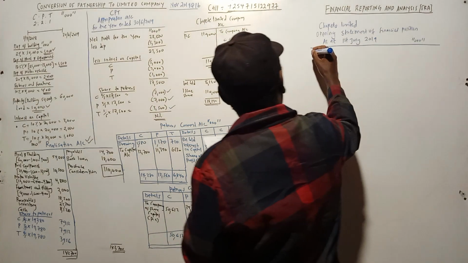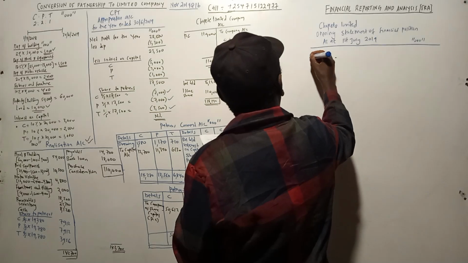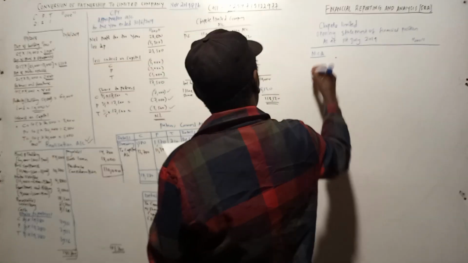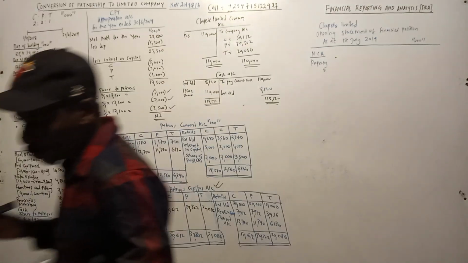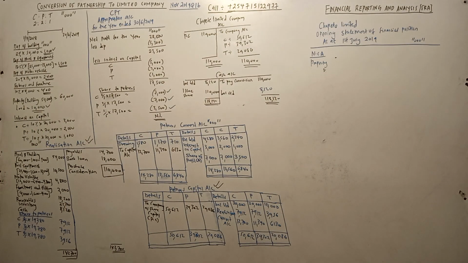So we start with the non-current assets. The first one is property. So information number 3, the property acquired was 57,000.